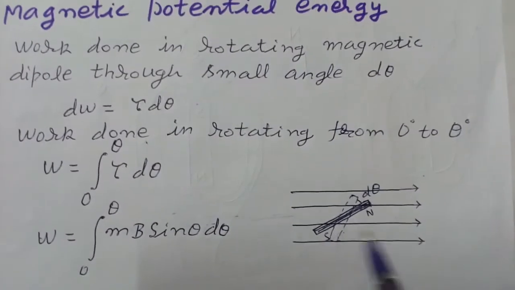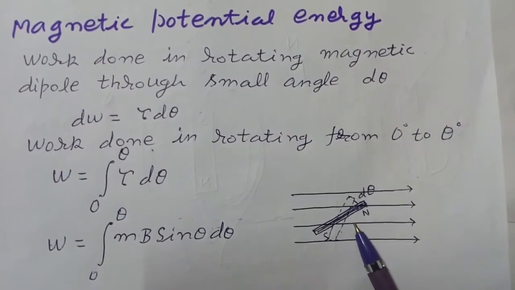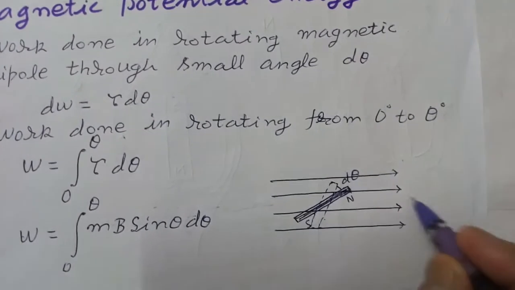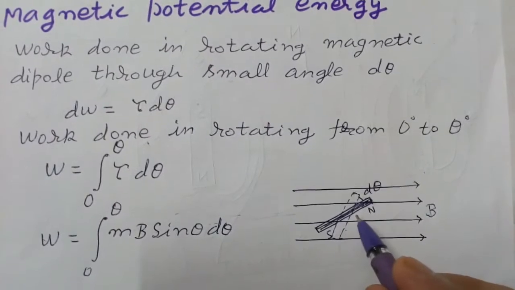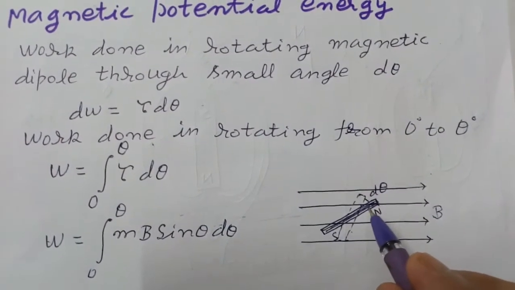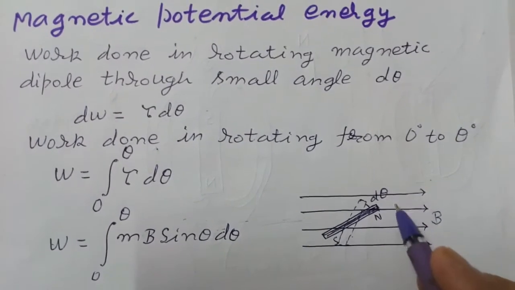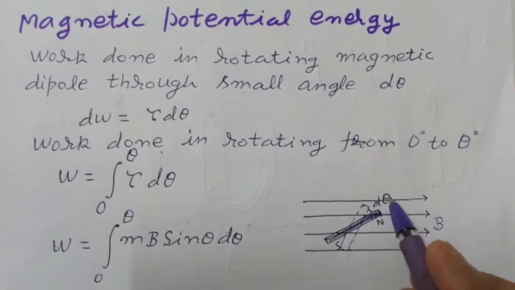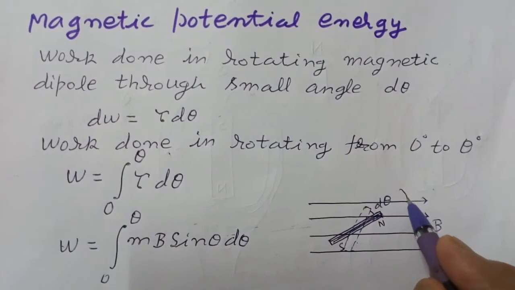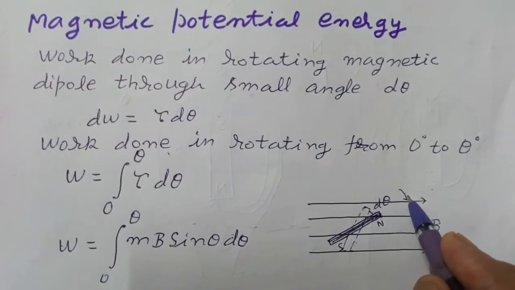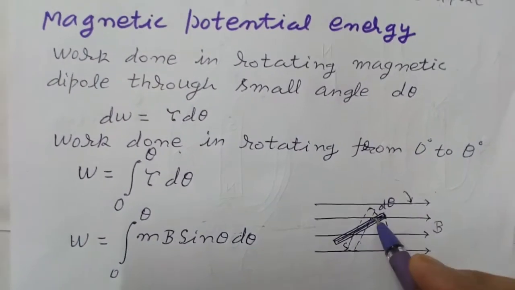Suppose this is a magnetic dipole, it is kept like this, making angle theta with the direction of magnetic field B. And if we rotate it slightly through a small angle d theta, so here we are applying a torque in the opposite direction. The tendency of this torque on the magnet is in this direction, and we are applying an opposite torque to rotate it like this. So we have to do some work.